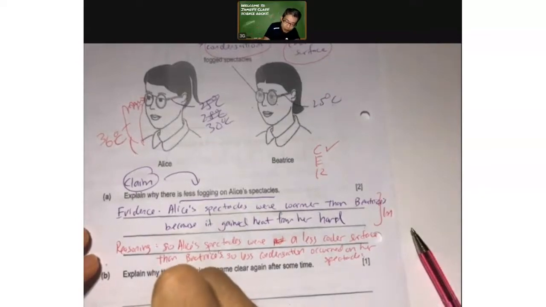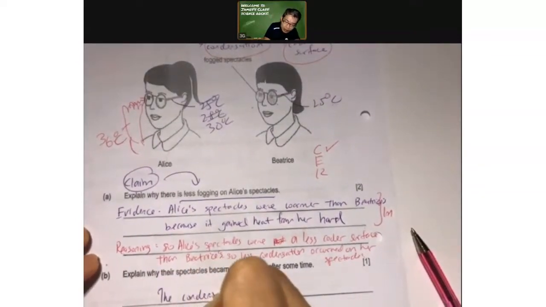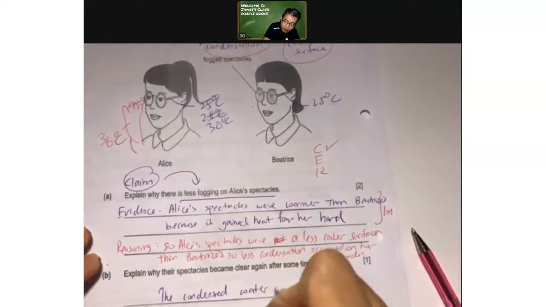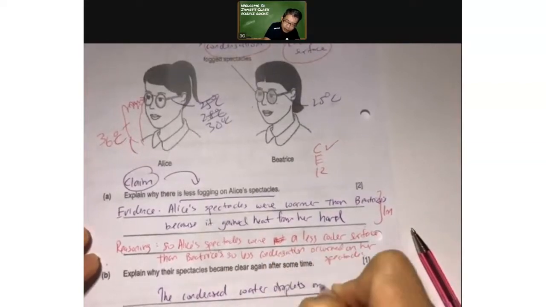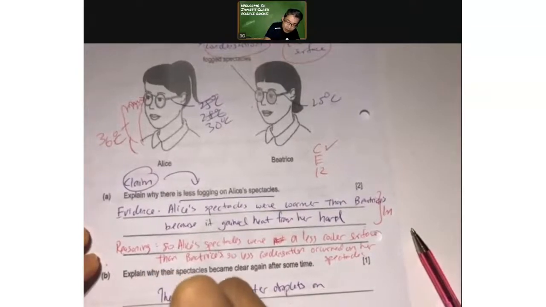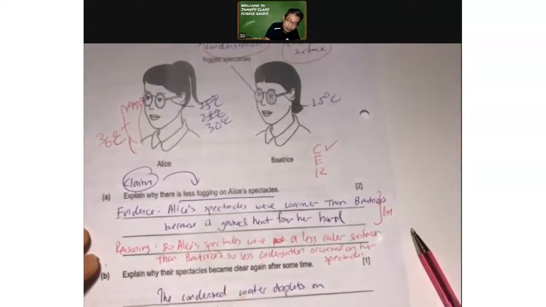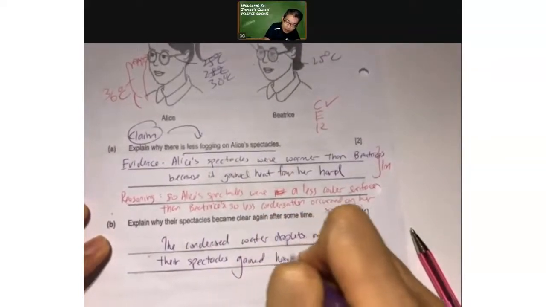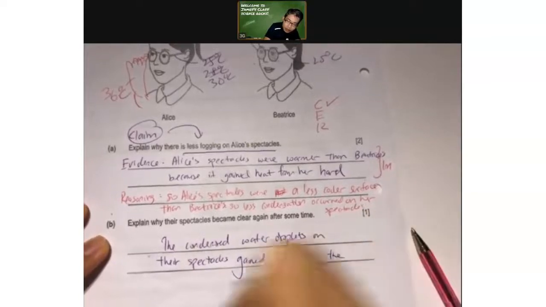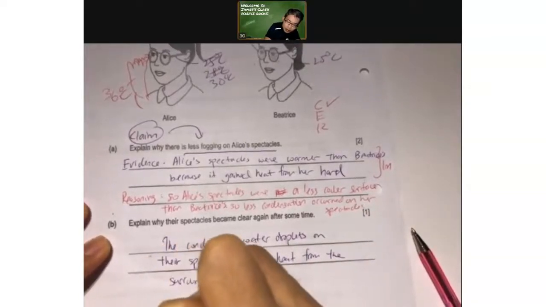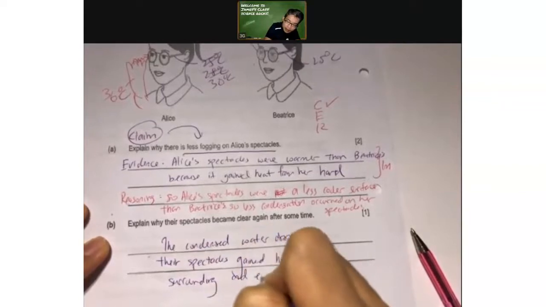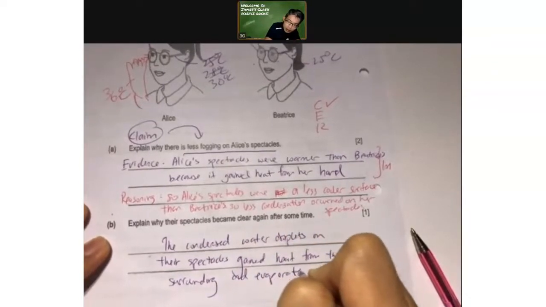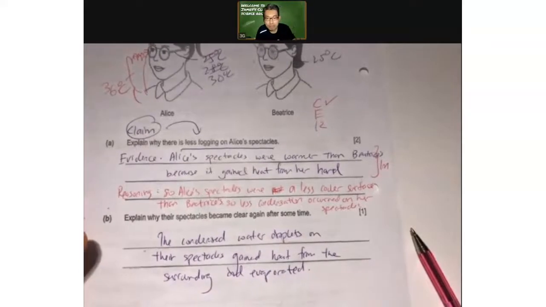So the condensed water droplets on their spectacles gain heat from the surrounding and evaporated. Alright? The condensed water droplets on their spectacles gain heat from the surrounding and evaporated.